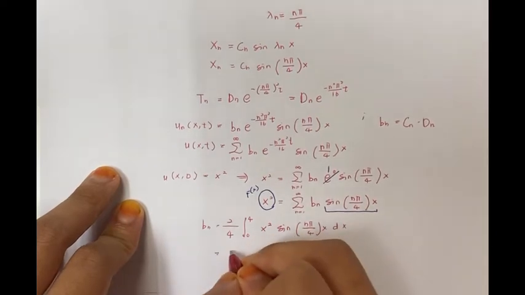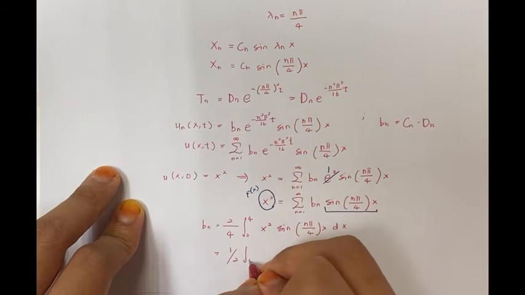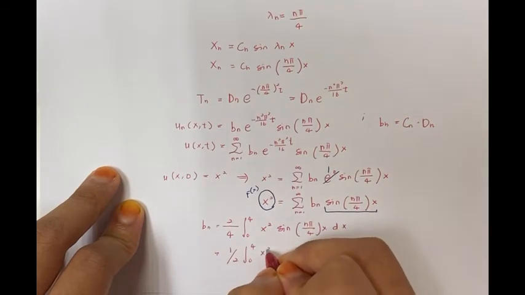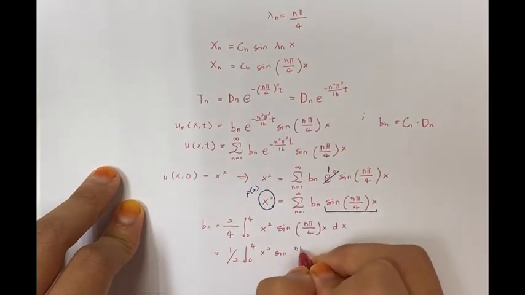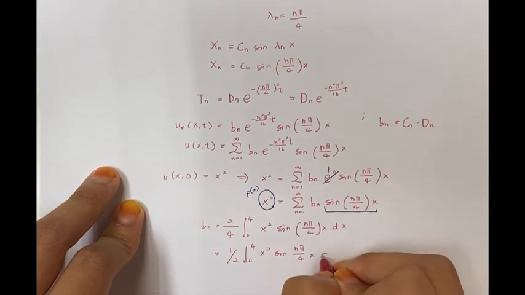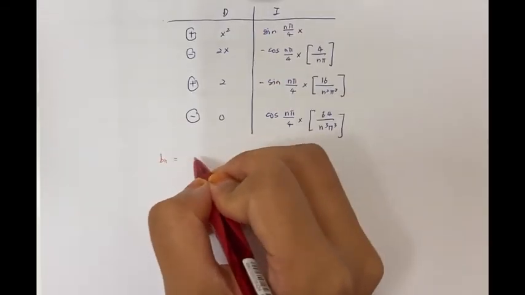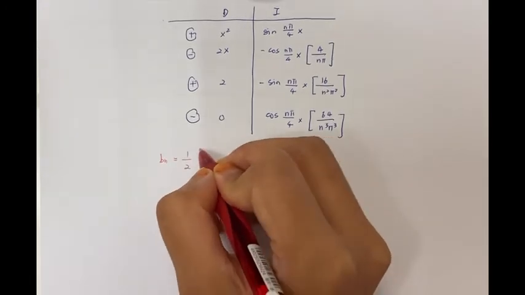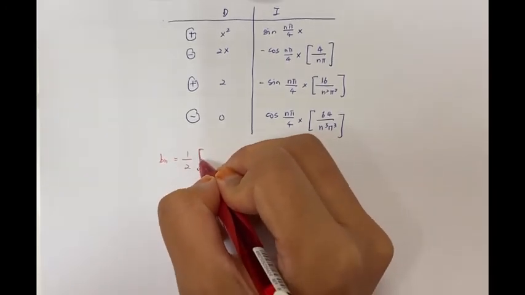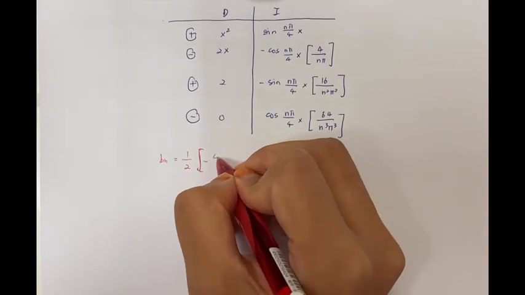So basically you need to solve 1/2 integral from 0 to 4 of x² sin(nπx/4) dx.